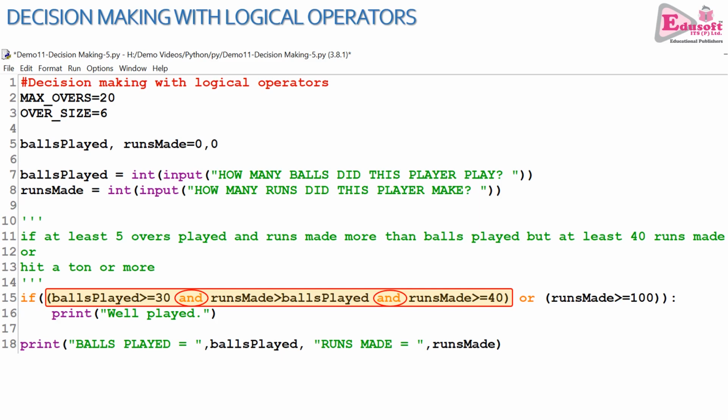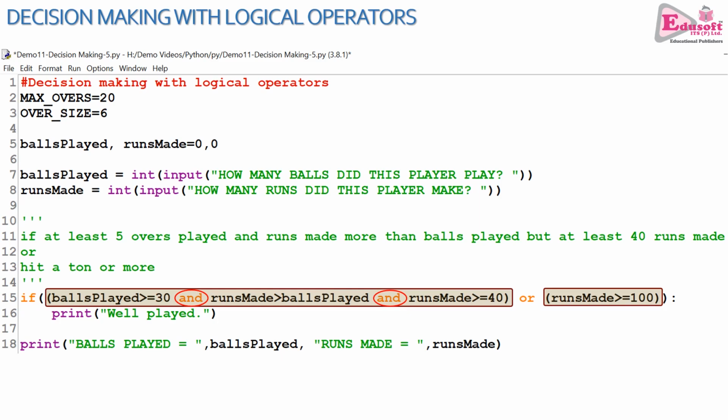The other, separate individual condition is runs made greater than or equal to 100. So this compound condition should be true, or there is a choice, the century has been hit. Either of these two, this compound condition or the condition after the OR operator, should be true.